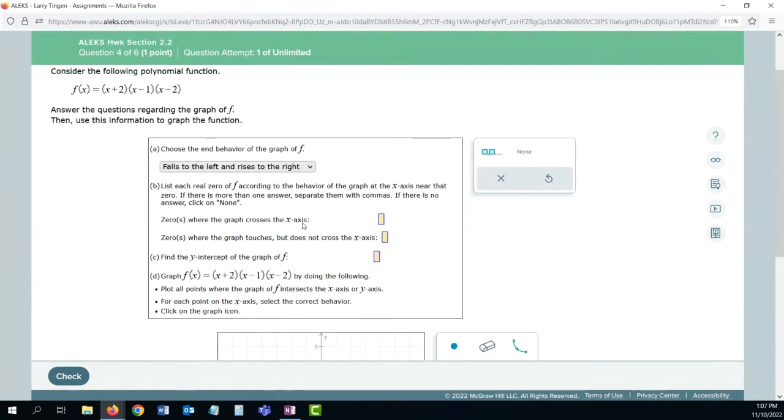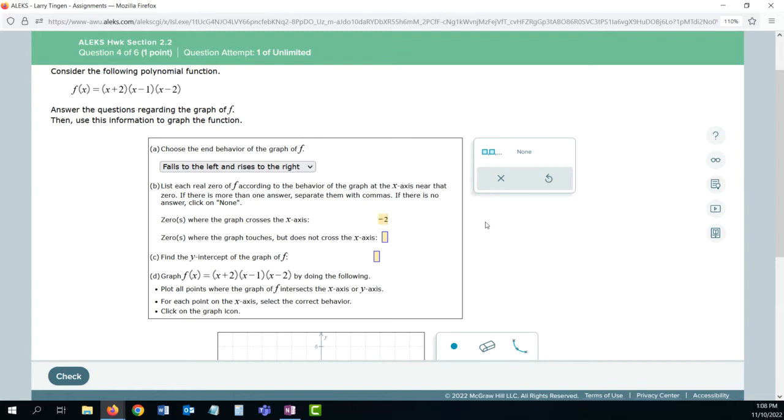Zeros where the graph crosses the x-axis, zeros where the graph touches but does not cross. Crosses are odd powers, and touches are the even powers, the multiplicity. Each one of these has a multiplicity of 1, so they're all odd. So all of these are zeros where it crosses.